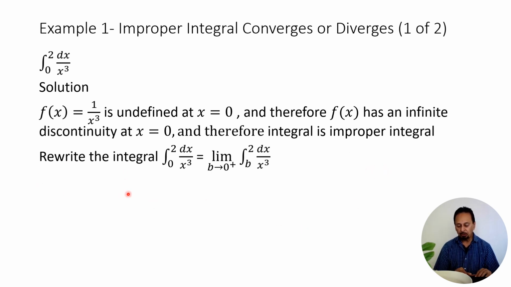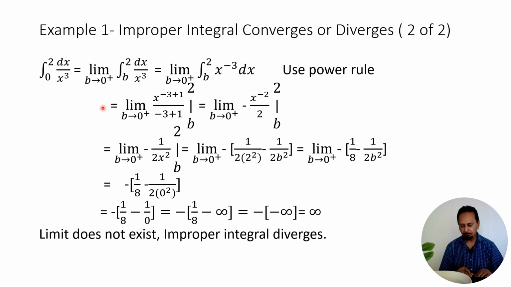Now we are going to check whether this integral converges or diverges. We rewrite the integral from 0 to 2 of dx over x cubed as the limit as b approaches 0 from the right, where we replace the 0 with a b, of the integral from b to 2 of dx over x cubed.